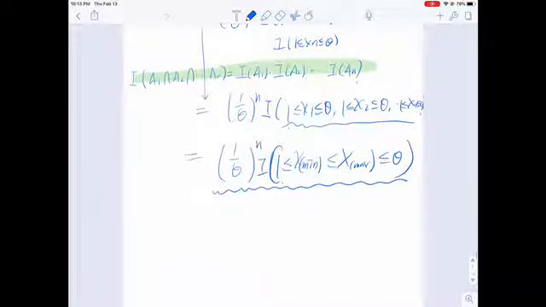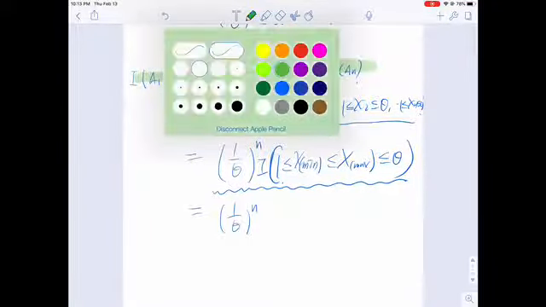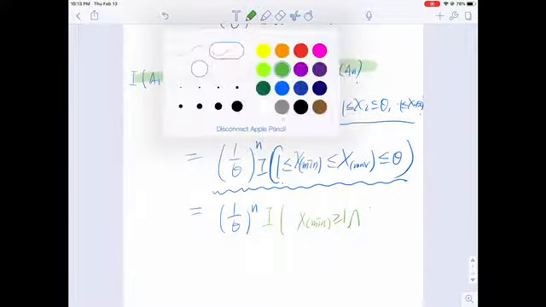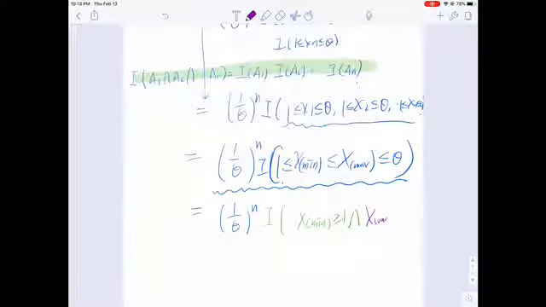Let's break the identity into two parts. The first part is that x min is greater than or equal to 1 and the second is that x max is less than or equal to theta.